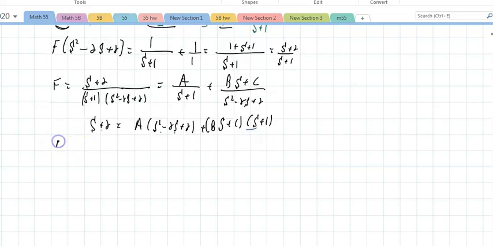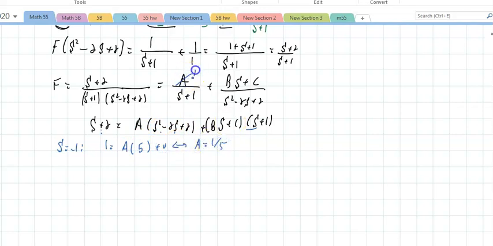And if I let s equal 0, no, s equal negative 1, I'll get 1 to equal A into 1 plus 4, 5, plus 0. So I'll get A to be 1/5.